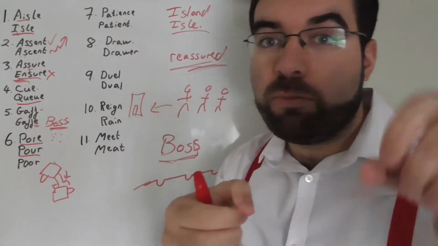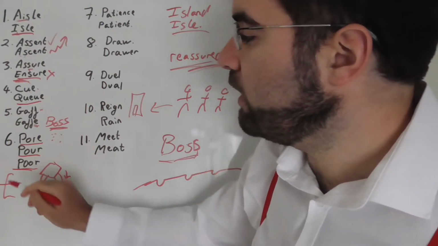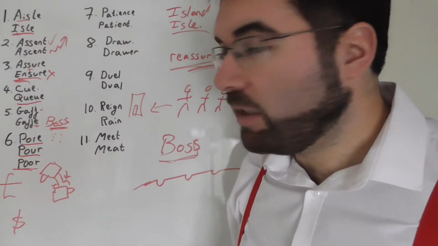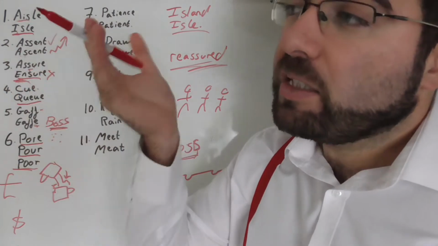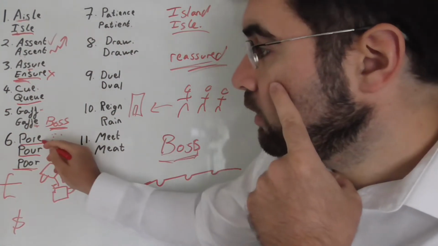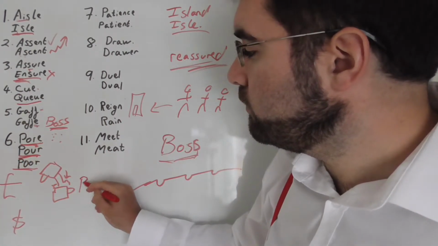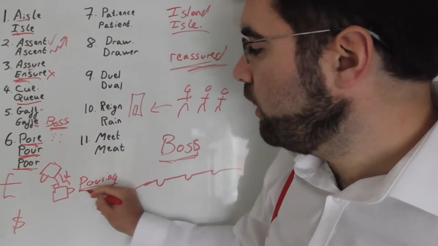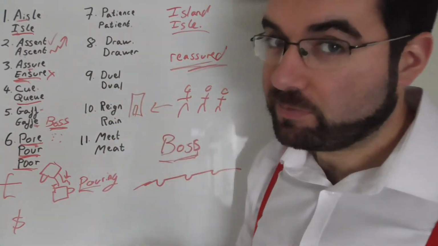And poor, like not enough money, needing more money. He is poor. I have pores. I am pouring tea. Very good.